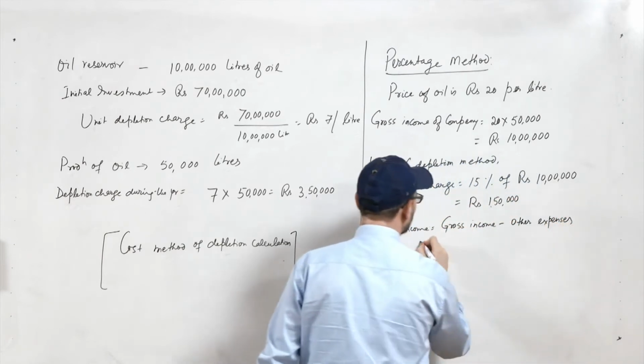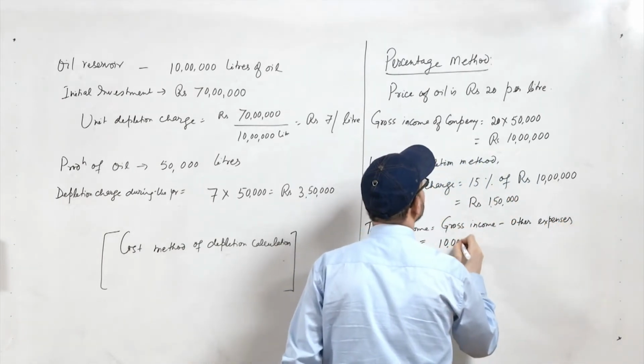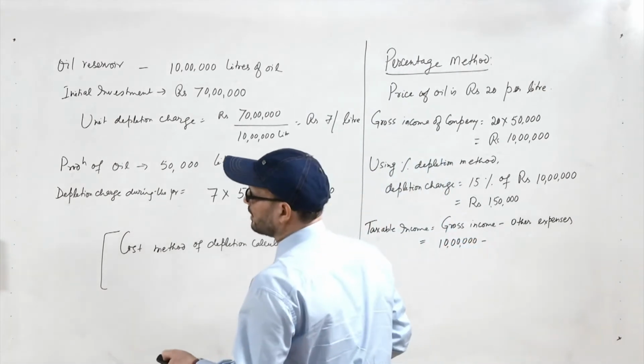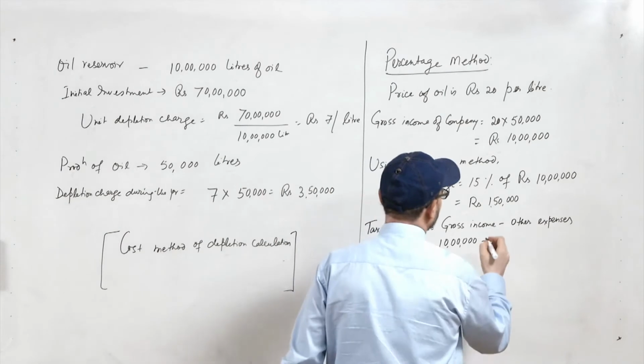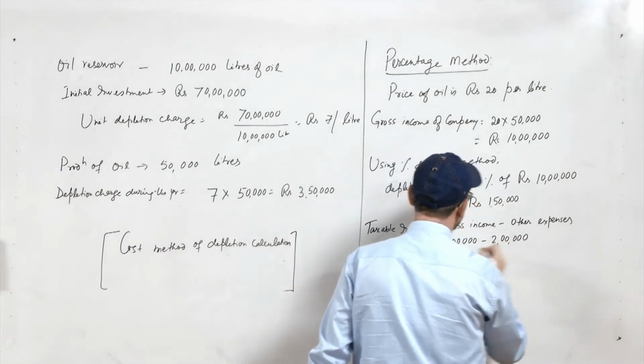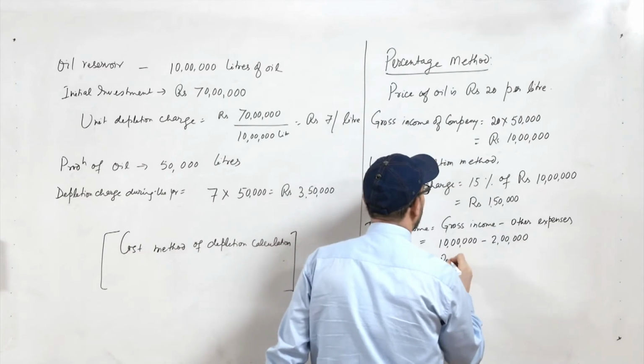So, gross income was said to be 10 lakh rupees, minus the other expenses of rupees 2 lakh. So, it is rupees 8 lakhs.